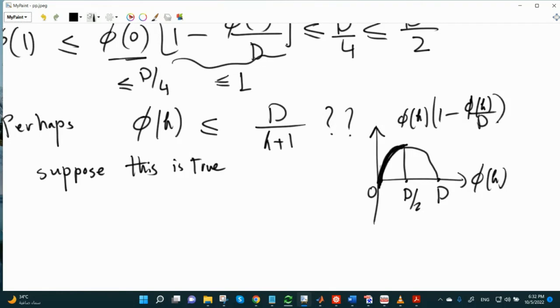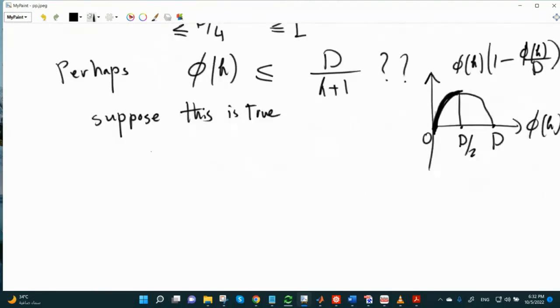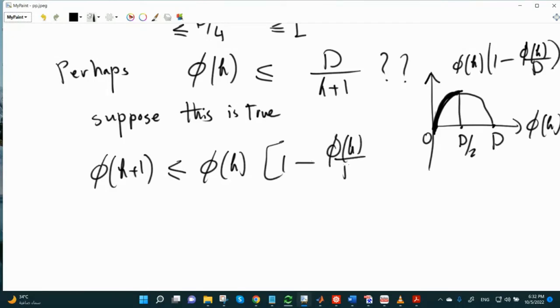Which means that phi of k plus 1 is less than phi k times (1 minus phi k over d). So this is the function, and this function is upper bounded by the maximum value of phi of k, because we are working on this part here.